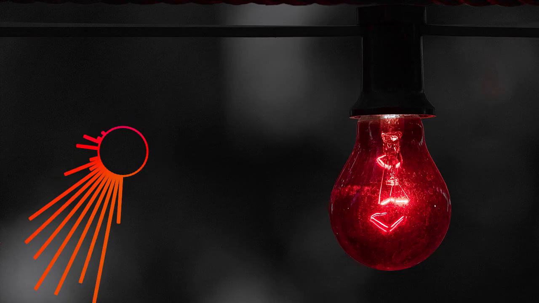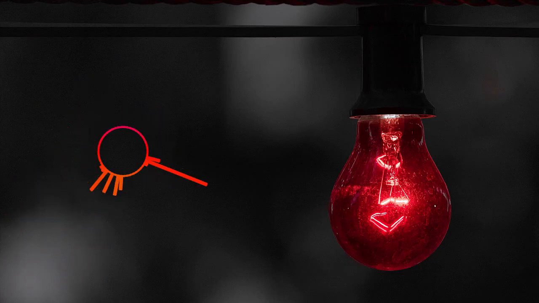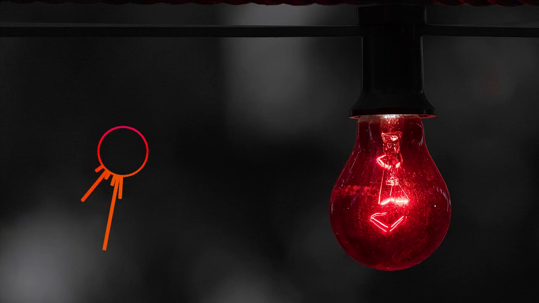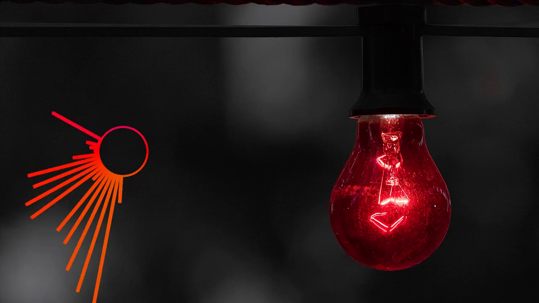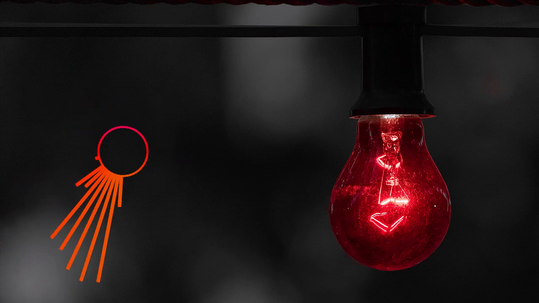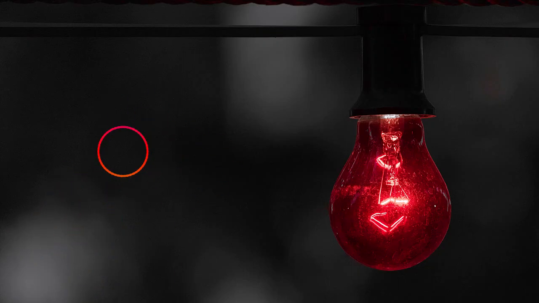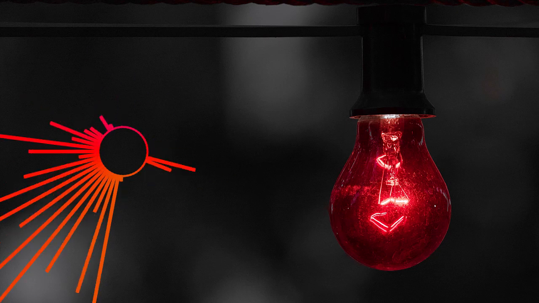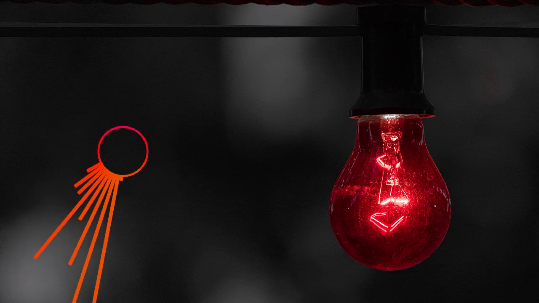So let's get into what they are, the different types, why they're so popular, and what makes them different from all older lighting technologies. The reason this topic matters is because the lighting world has changed. We moved from incandescent and fluorescent lighting to solid-state lighting, and that means LEDs.